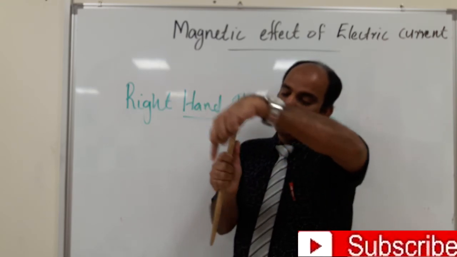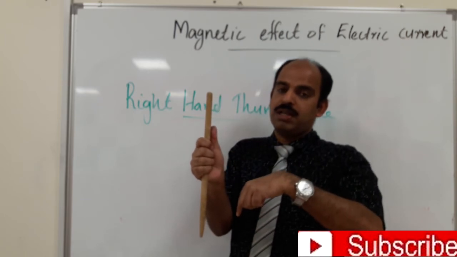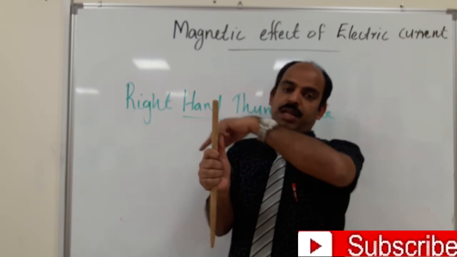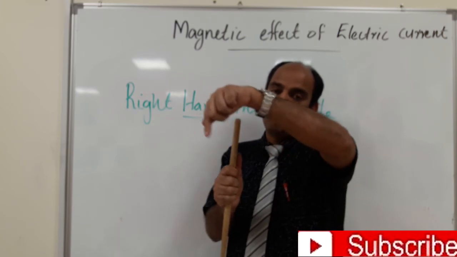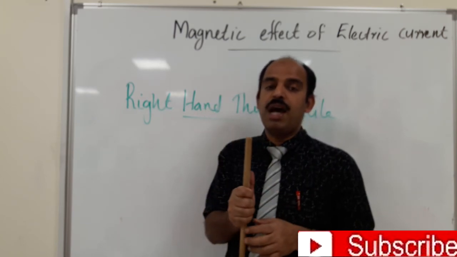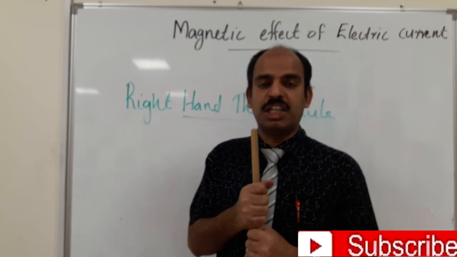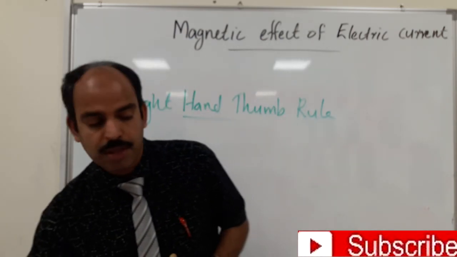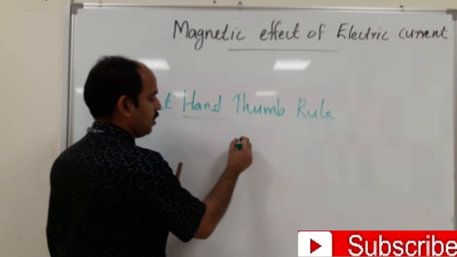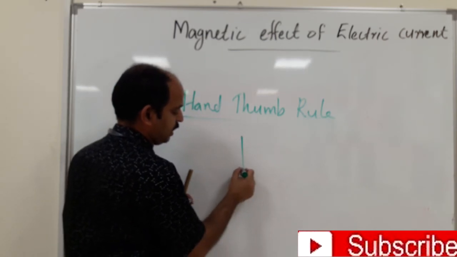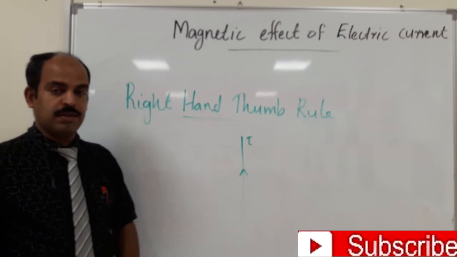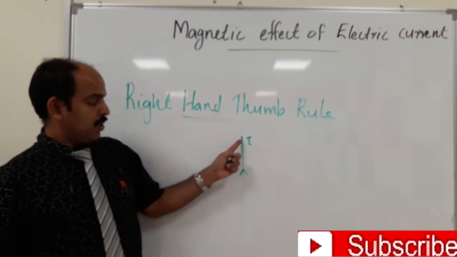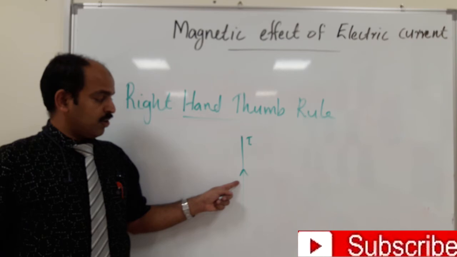See the encircling fingers. In this case, it is the anti-clockwise direction, right? The encircling fingers will give the direction of the magnetic field. Suppose this is a conductor and this is the direction of current. The direction of current is upward.